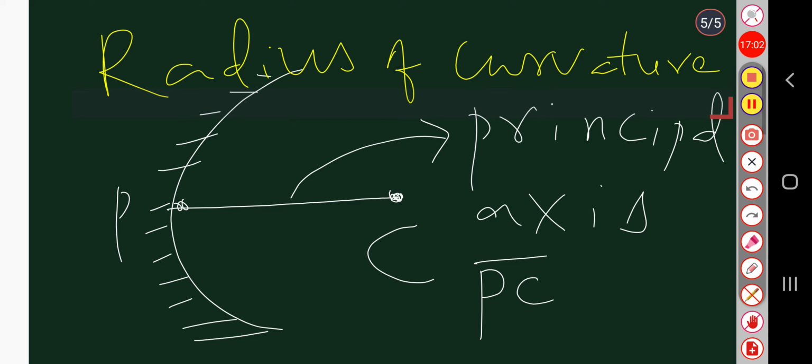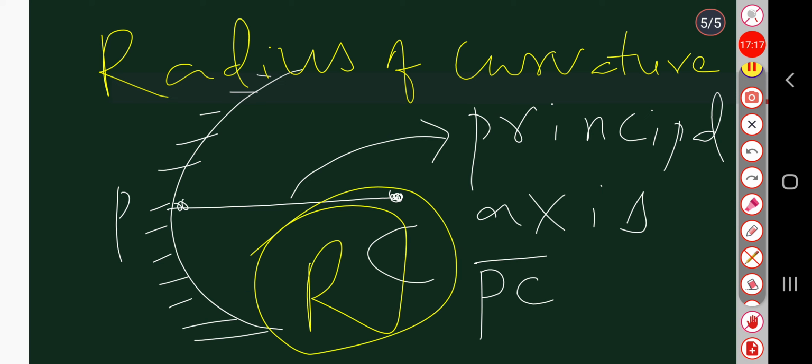Now the radius of curvature is represented with the symbol R. What about the pole? P. And the center of curvature is represented by C. Remember, the center of curvature is the center of the sphere to which the spherical mirror belongs.